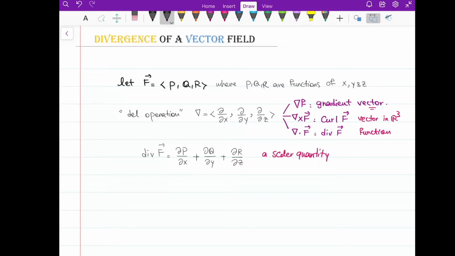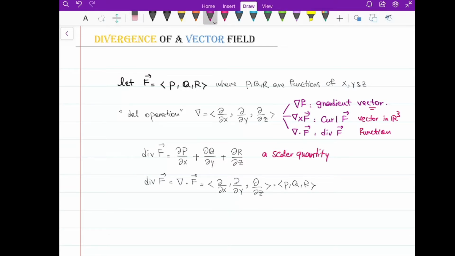Okay, so I can say divergence of F is the del operation with F, and its derivative with respect to X, as I said, notation-wise, derivative with respect to Y and derivative with respect to Z, dot product with P, Q, and R. That's why we get this.